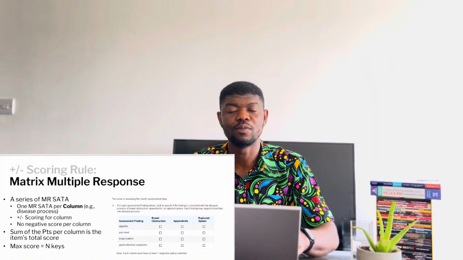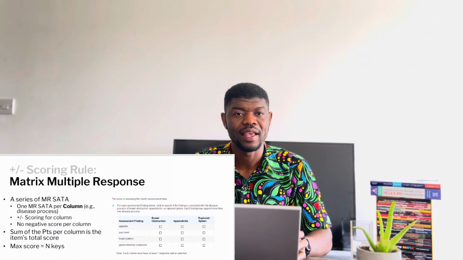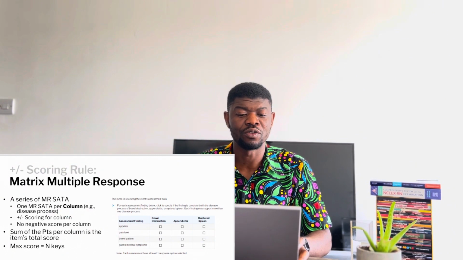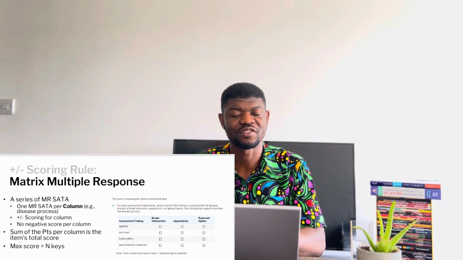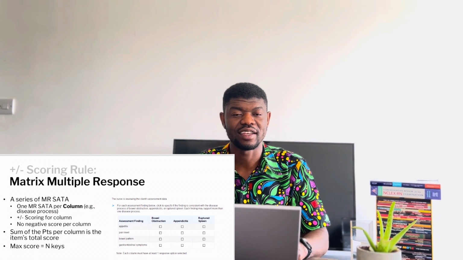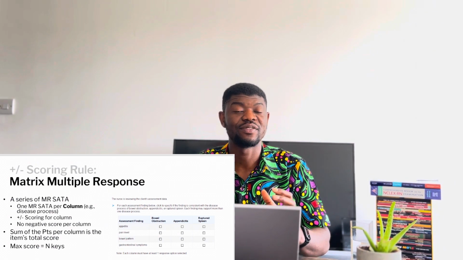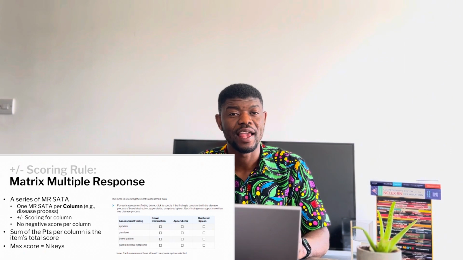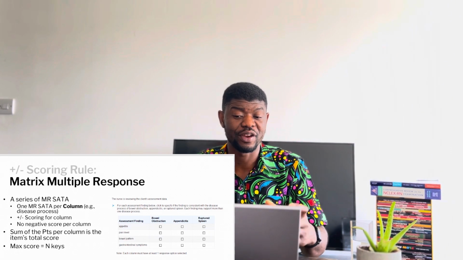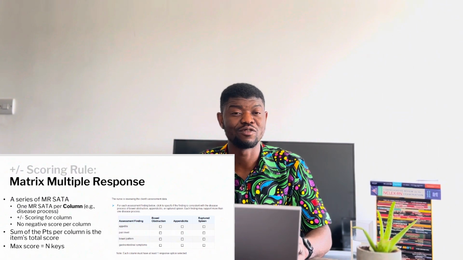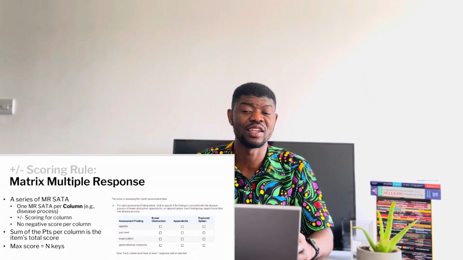This is more SATA, but you treat each row as a different set of SATA questions. Like what you can see on the screen, we have assessment findings from a scenario that we already had previously, and we're looking at what signs and symptoms are present and in which conditions.